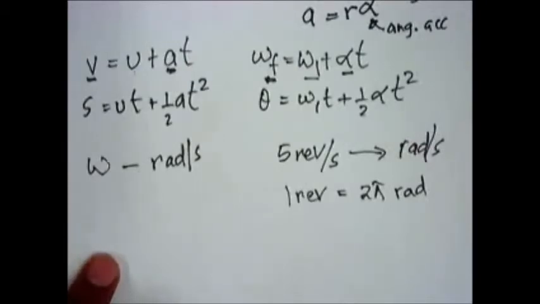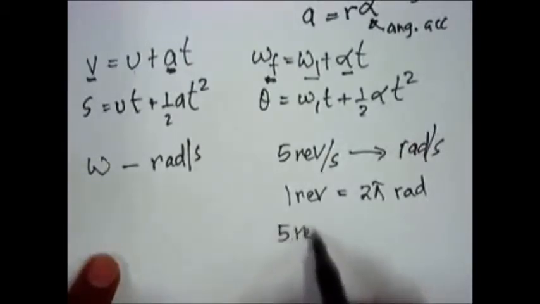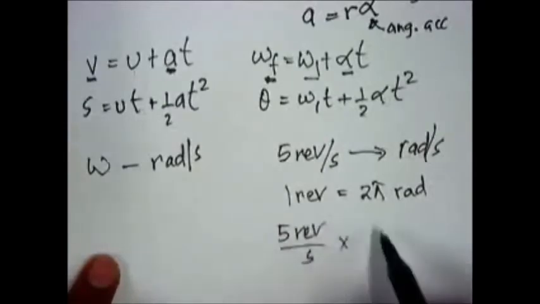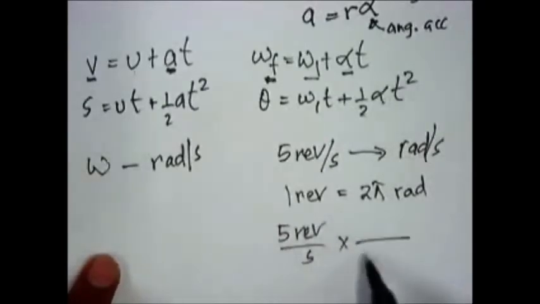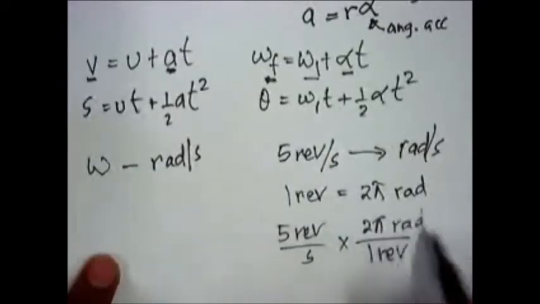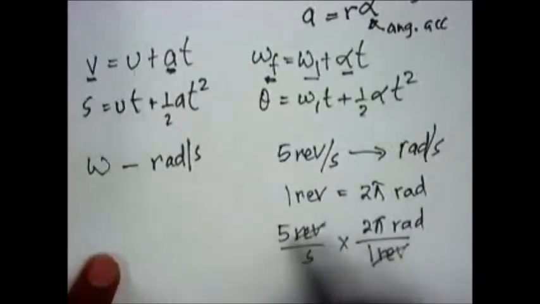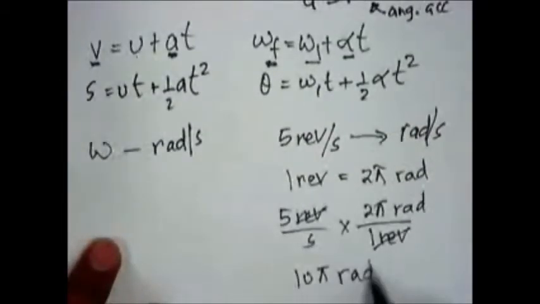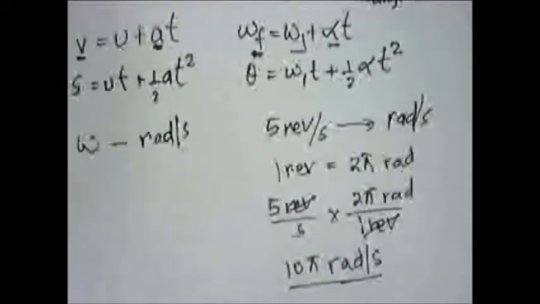So if you do 5 revolutions per second, you multiply by, you put the revolution in the denominator, you put 2 pi radians on top, the revolution cancels, you get 10 pi radians per second. It's very important that your angular velocity is in radians per second when you do your calculations. If it's revolutions per minute, you'll have to change it to radians per second.